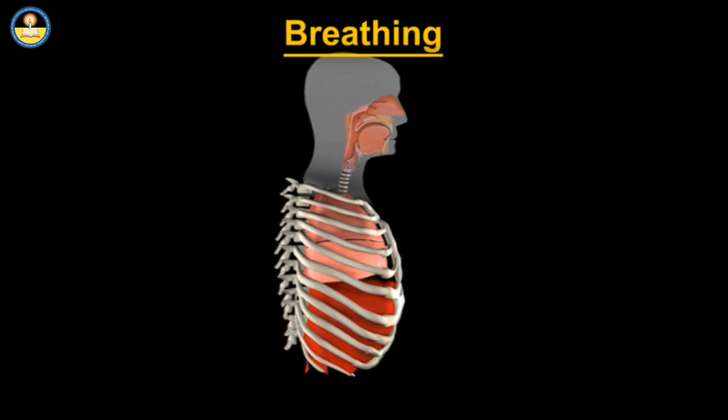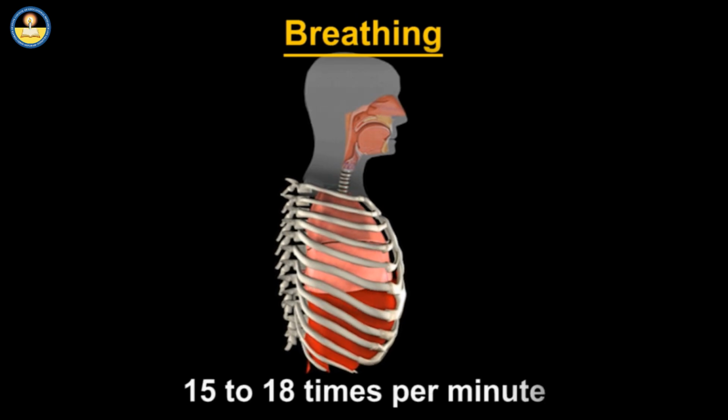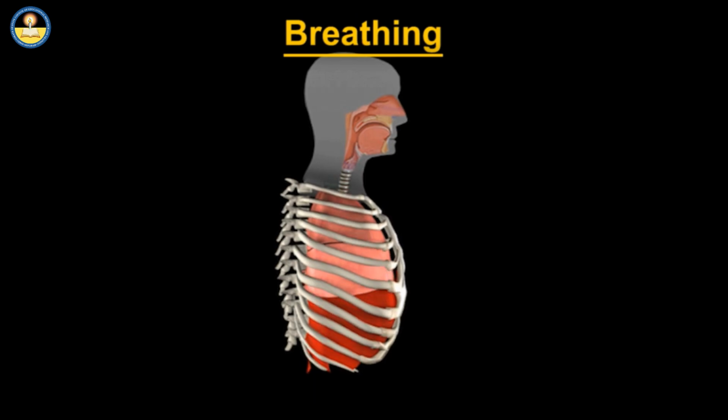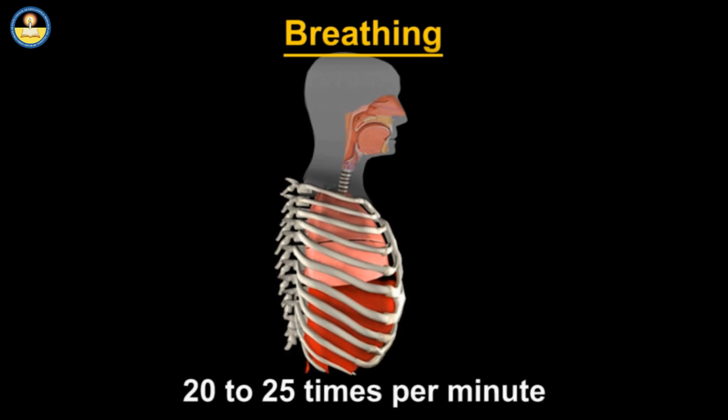Under normal conditions, the rate of breathing is 15 to 18 times per minute. During vigorous exercise, the demand for oxygen increases the rate to about 20 to 25 times per minute.